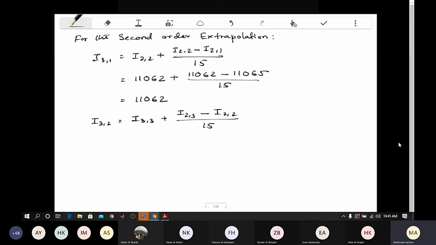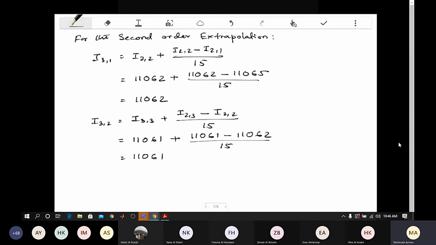So I want the value of I4,1 from all of you. This one here is equal to 11061 plus (11061 minus 11062) divided by 15. That is equal to 11061.